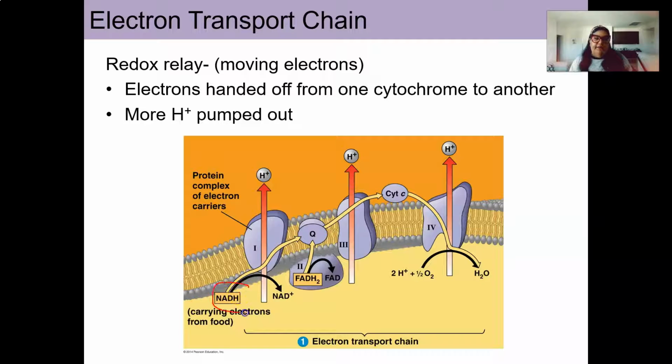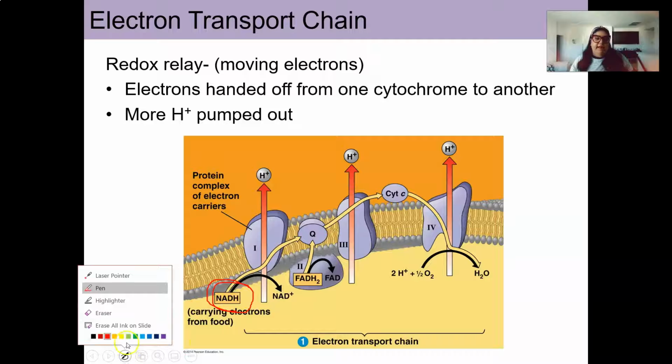So we're carrying the electrons, and they come in to our proteins. And then we get this basically redox relay. So what does redox mean? We are moving our electrons. We're going to remove the electrons from our carriers.